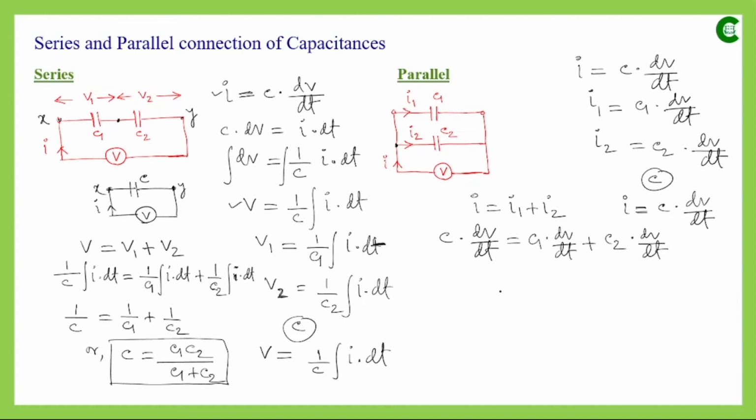So we can cancel that factor, and what will remain in the final equation is C will be equal to C1 plus C2. So in case of parallel connection between two capacitors, the equivalent capacitance will be simply the summation of their individual capacitance values, and again this time it matches with the formula of series connection between resistors and inductors. So again in case of capacitor it is opposite.